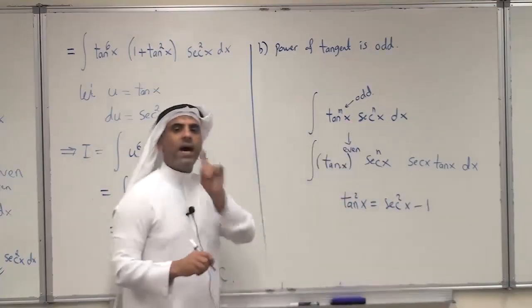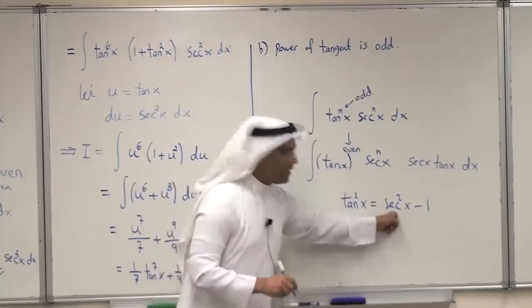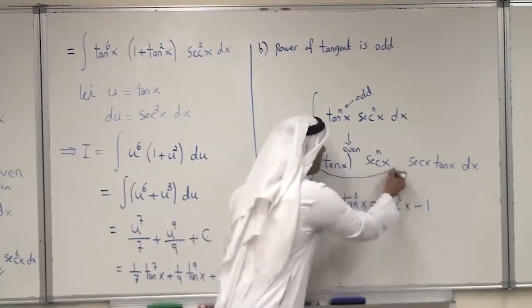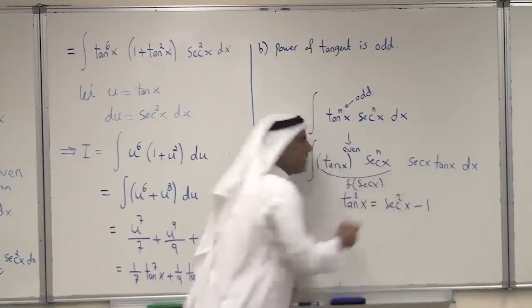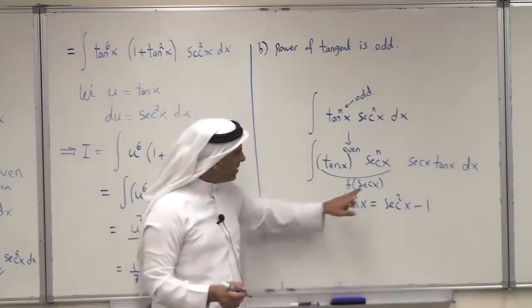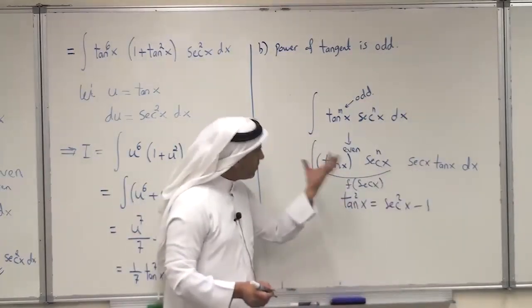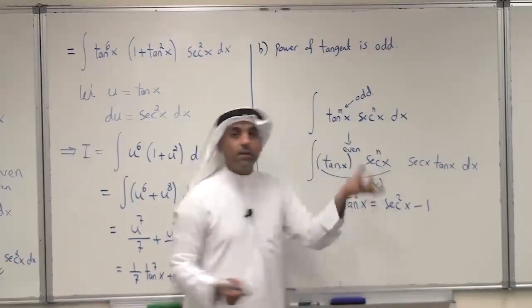Meaning, I can rewrite this in terms of secant. So I will end up with an integral that involves everything here in terms of what? Secant. It is a function of secant of x. Okay? And then what is the derivative of secant? It is secant tangent. So the strategy is working fine because I will end up with a non-trigonometric integral.